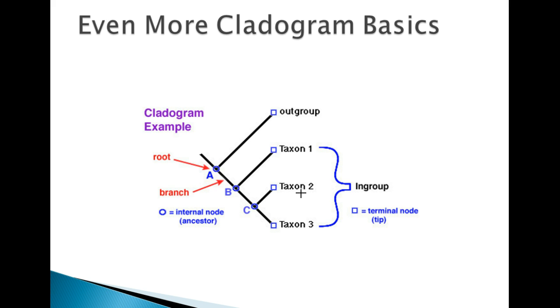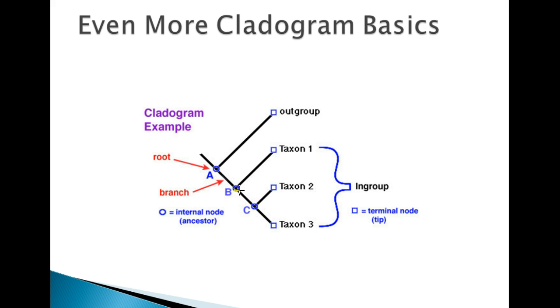In other words, the cladogram is only a hypothesis of the relative order of branching. It doesn't indicate how much absolute time passed between the branching events. So we don't know, for example, how long this is. We just know that taxon 2 and taxon 3 came after taxon 1, but we don't know how long.